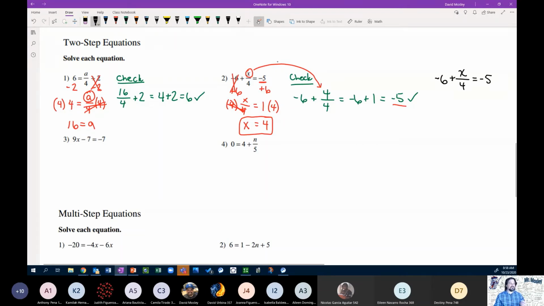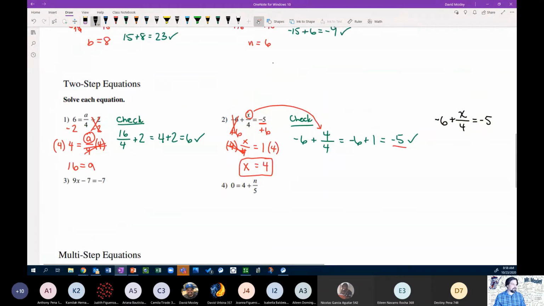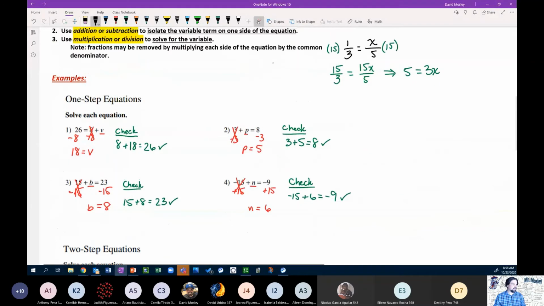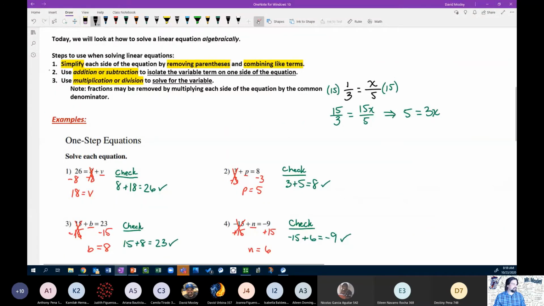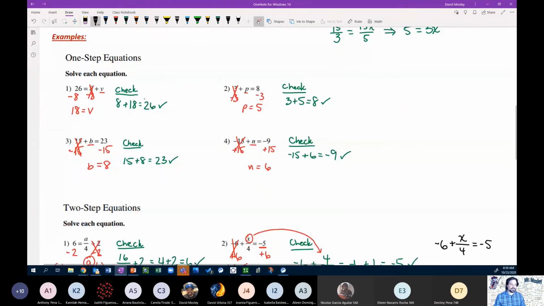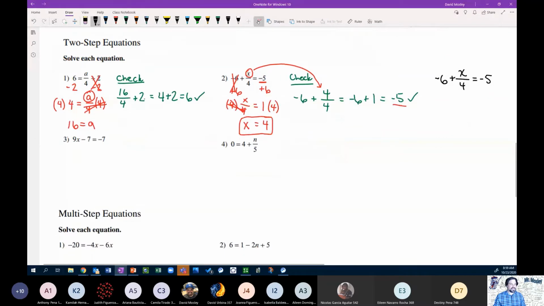And so then I'm following our steps from up here. I want to simplify, I want to use addition or subtraction, and then use multiplication or division to solve. In this case, there's nothing to simplify. I don't have any parentheses with operations inside them, and I don't have any like terms on each side of the equal sign.